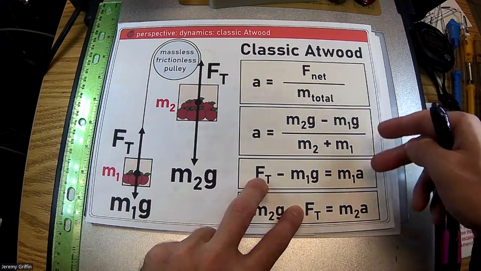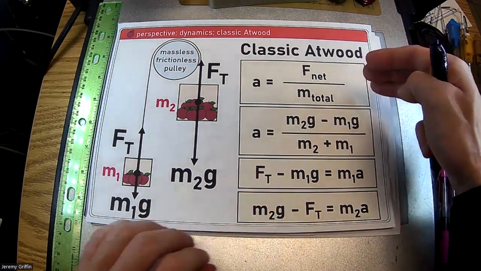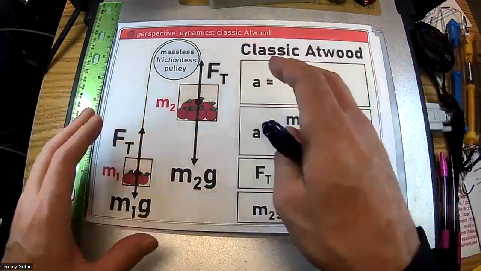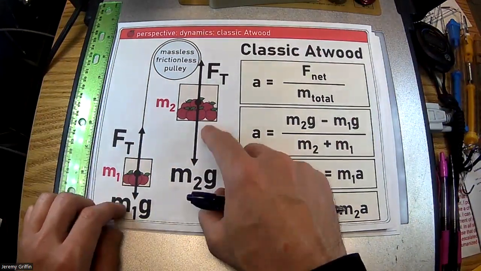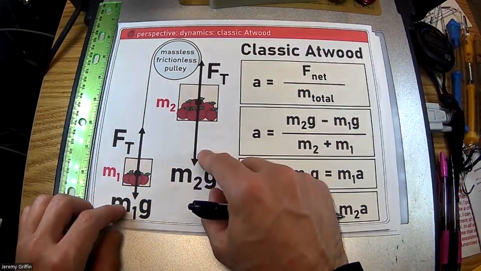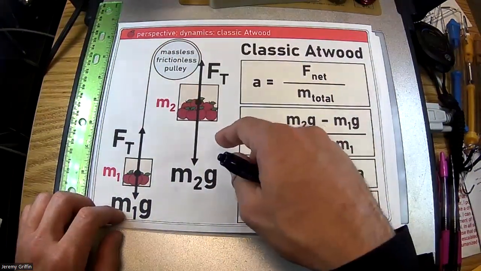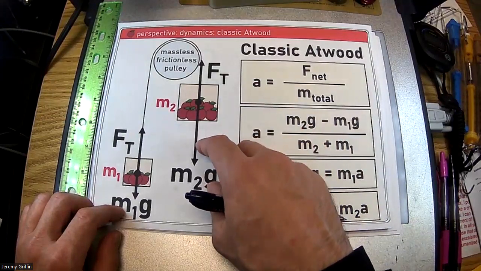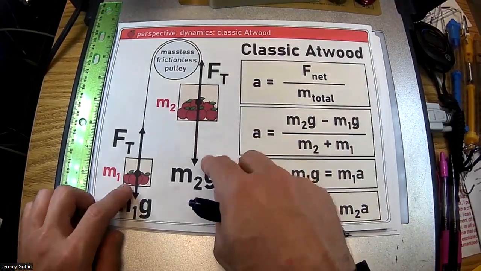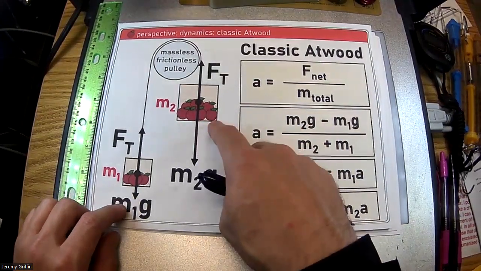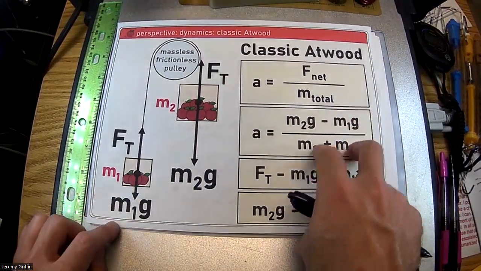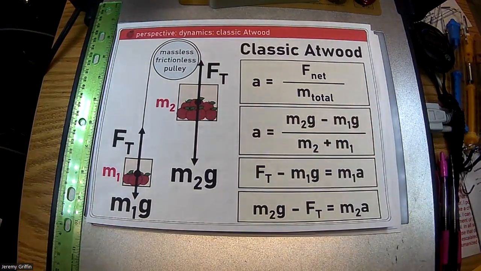But the way I normally do it, the way I'll walk you through it now, is look at it from a systems point of view. From a systems point of view, there's really only 2 external forces driving the system, which are these 2 weights. Tension is internal, so I'm going to start by ignoring that and worry about it later. So acceleration is going to be the net force, which is the difference in these weights, divided by the total mass. This was the answer to your Atwood lab not too long ago.